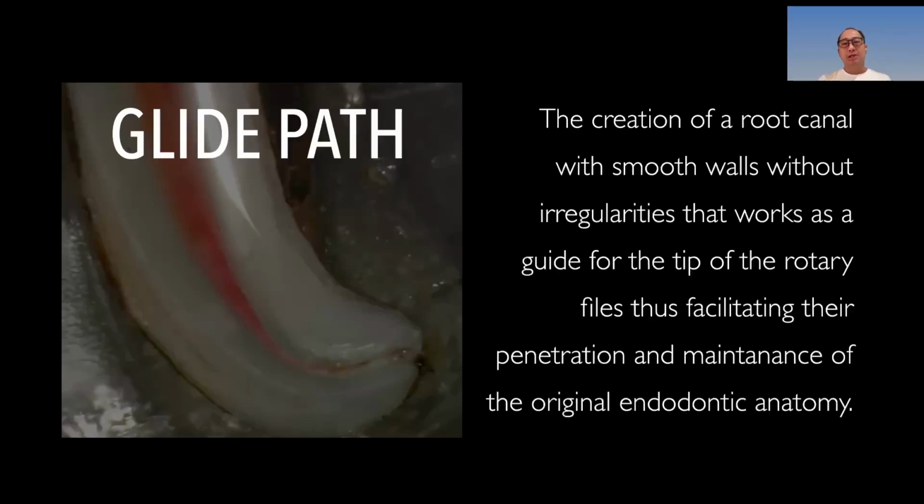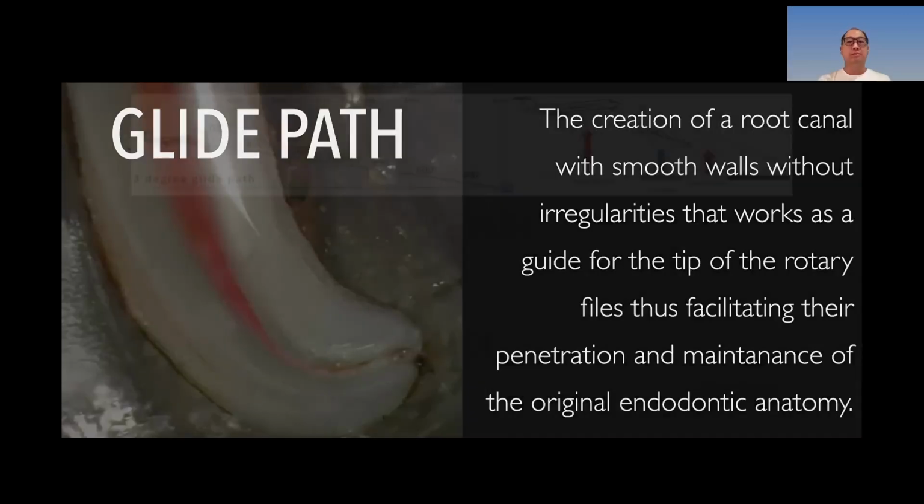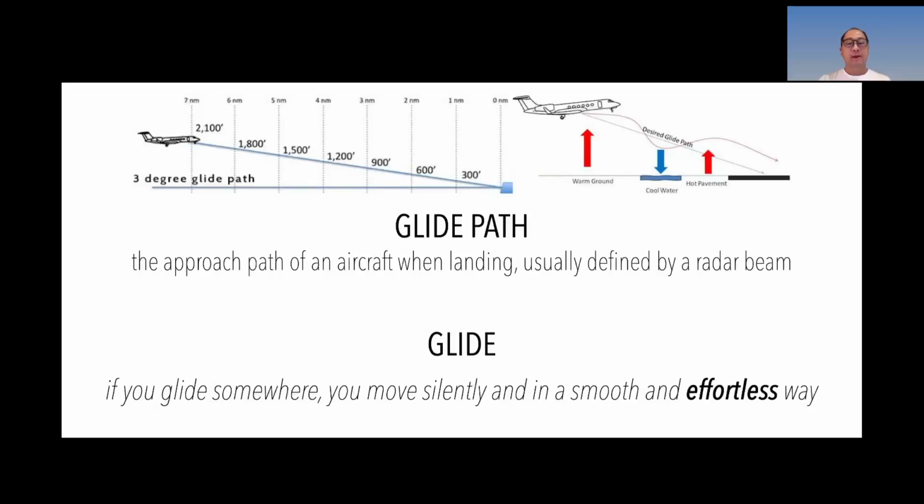And glide path is crucial because if you have already created an adequate glide path, in my opinion, 60, 65 to maybe 70% of our job in instrumenting the root canal system has been checked. Because the difficult part is creating a good glide path, in order for the next step to be able to follow this glide path into the apical part.